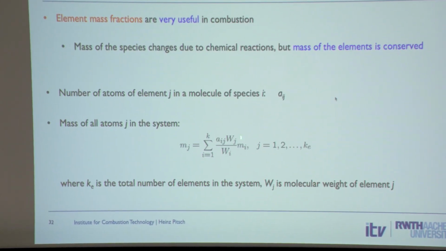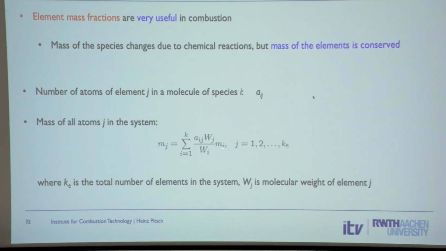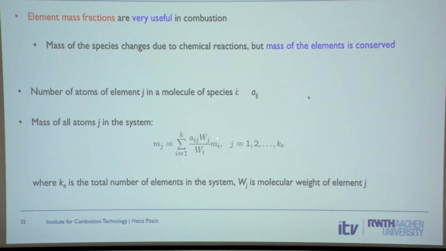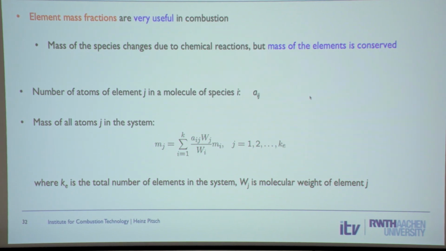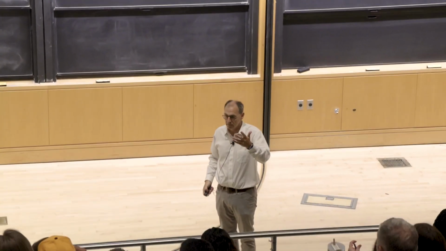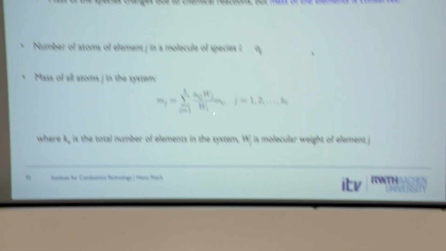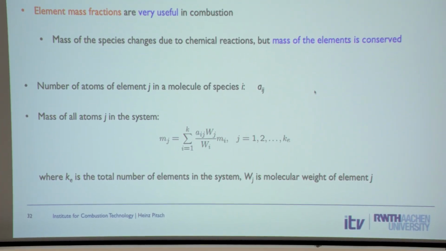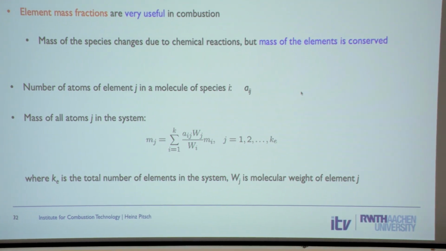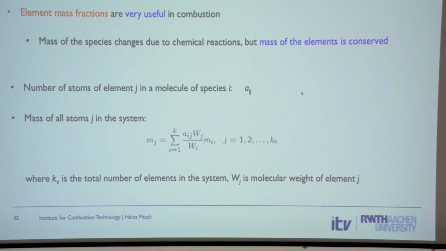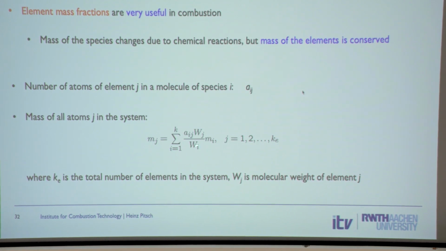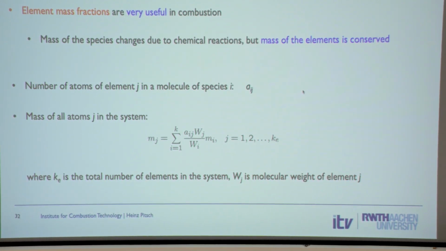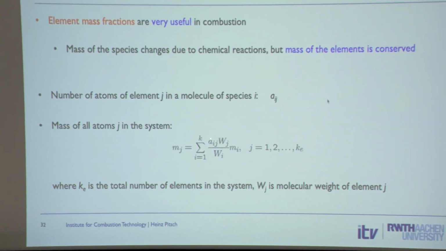This is the mass of species I. I divide it by the molecular weight of species I, and that gives me the number of molecules of species I. I multiply it with this matrix. What is the matrix? A_ij is the number of atoms J in species I. In my example, O2 has 2 O atoms, so I multiply with 2.